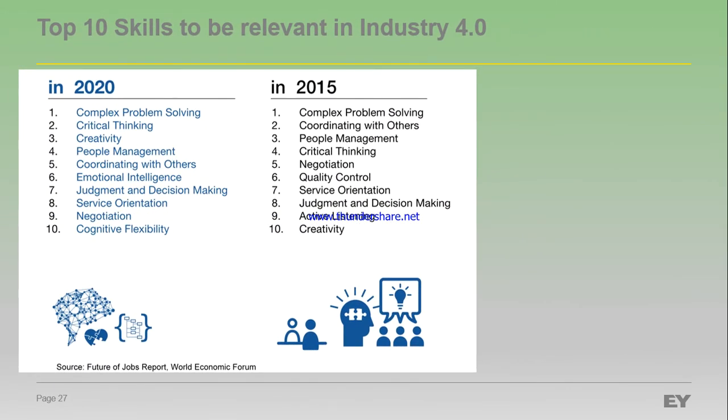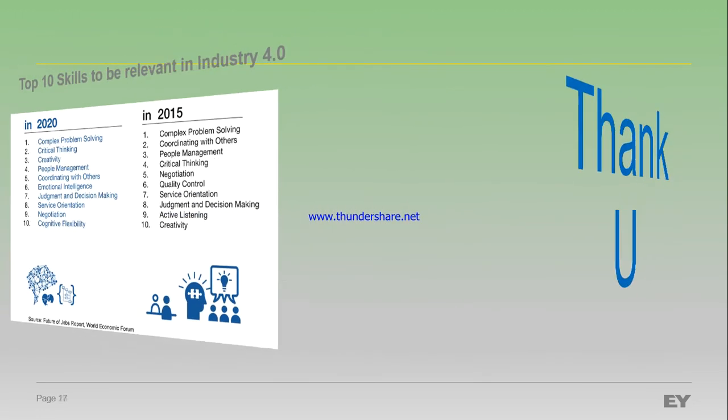And what we have seen in 2015 and 2020, we can just imagine there is scope to create something new. Critical thinking, brainstorming, people management, emotional intelligence, all that can be possible with the help of Industry 4.0 softwares.